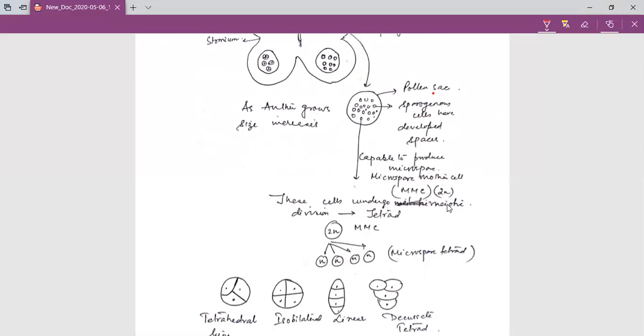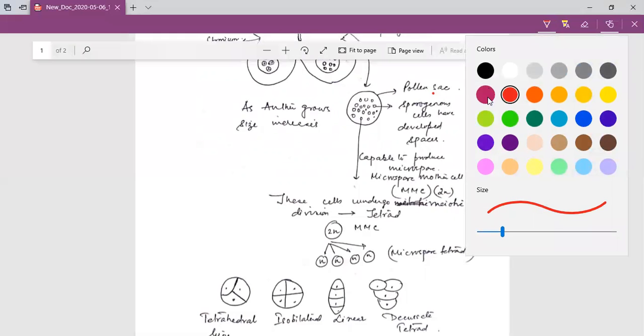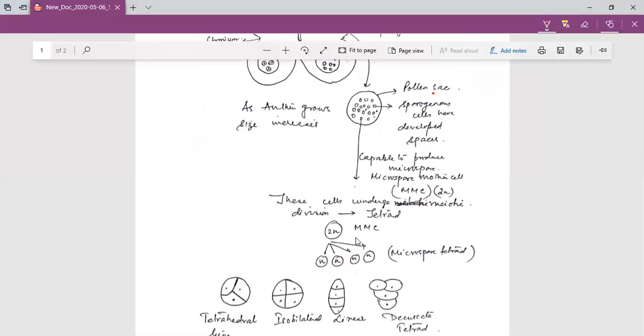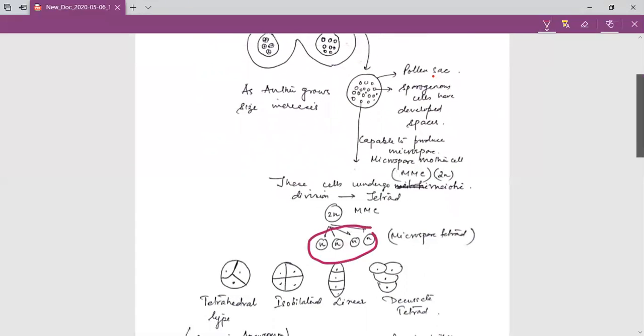Once it undergoes meiotic cell division, it forms a tetrad. You know that after meiotic cell division, 4 daughter cells are produced, and those 4 daughter cells are called a microspore tetrad.